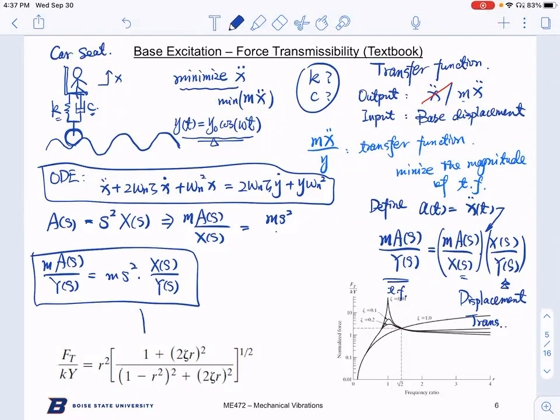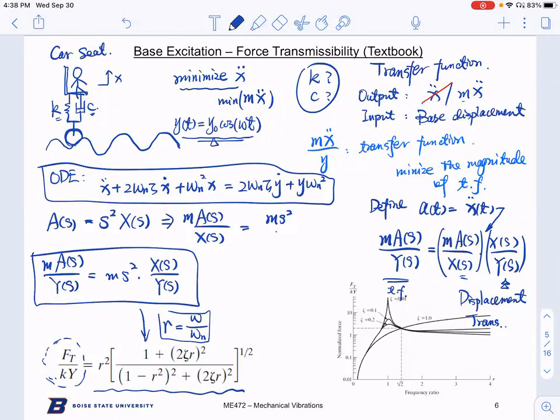After that, we define a relative frequency or frequency ratio. This is your driving frequency over the undamped natural frequency. After this definition, you can calculate the force transmissibility and convert it to a unitless transfer function. So this is the magnitude.